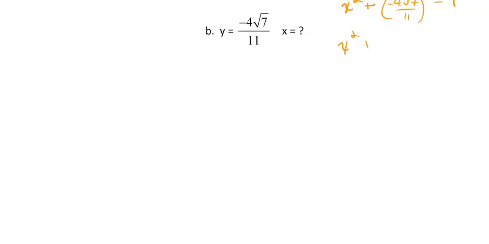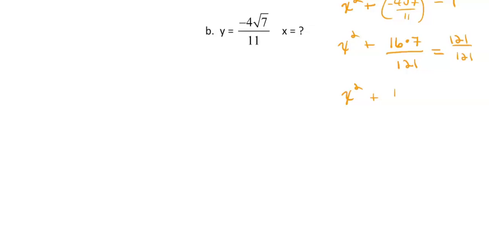So x squared plus, okay, square your negative 4 and you get a positive 16. Square root 7 and you get a 7, and then square 11 and you get a 121. Okay, so I'm going to be doing this 121 over 121. In your calculator or in your head, do 16 times 7, and you should get 112.